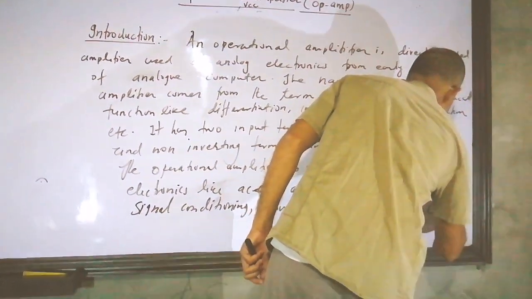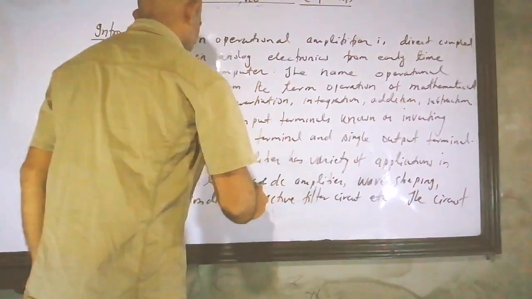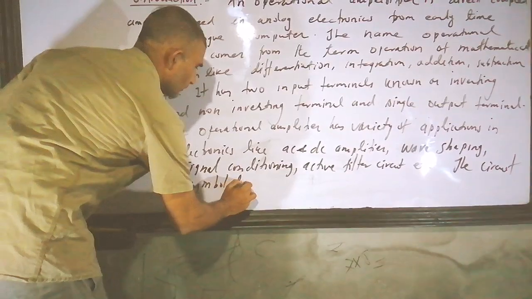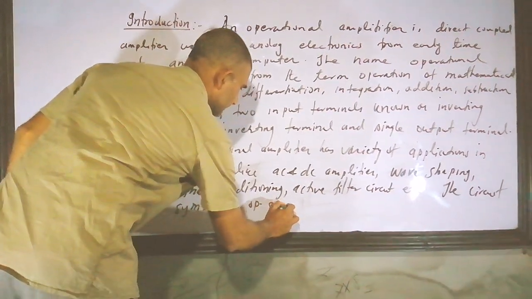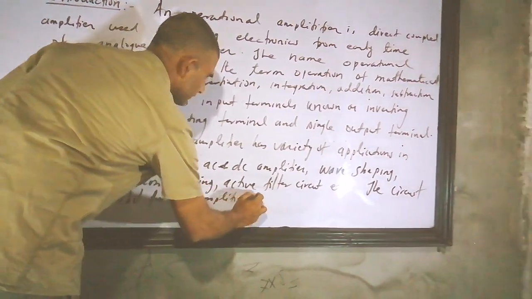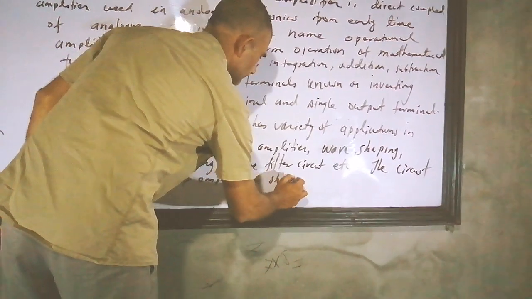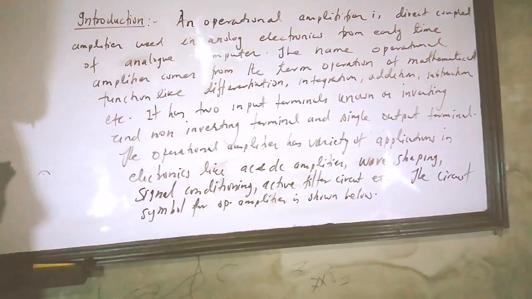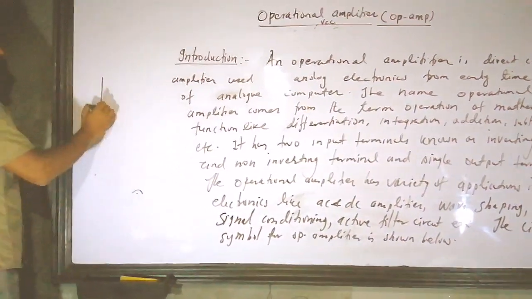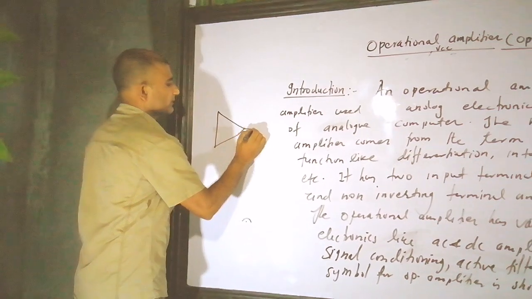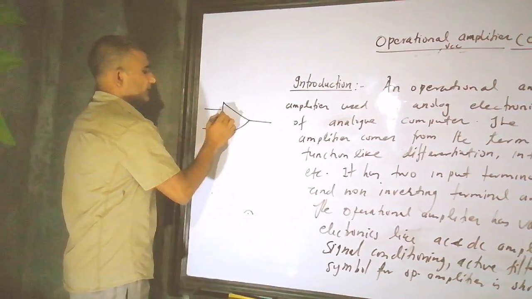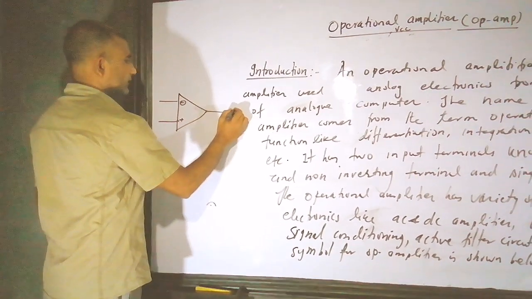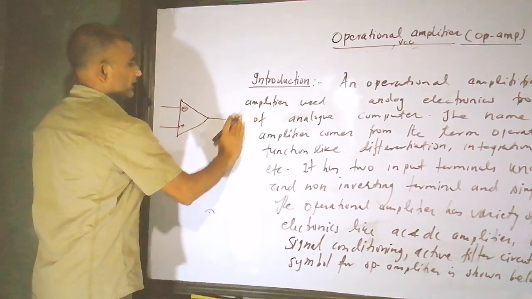And this, the circuit symbol for the operational amplifier, is shown below. I already explained this: this is minus, this is plus, and this is the output, so I write V out.